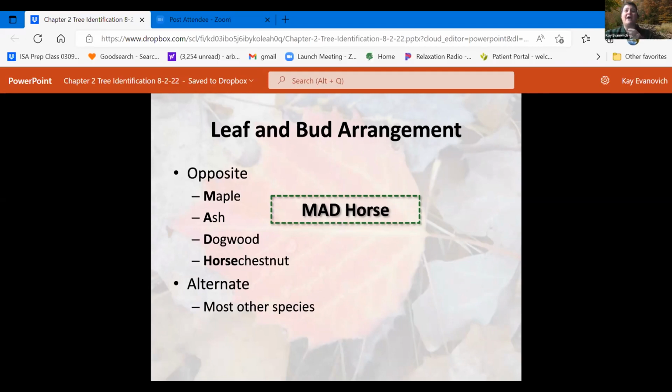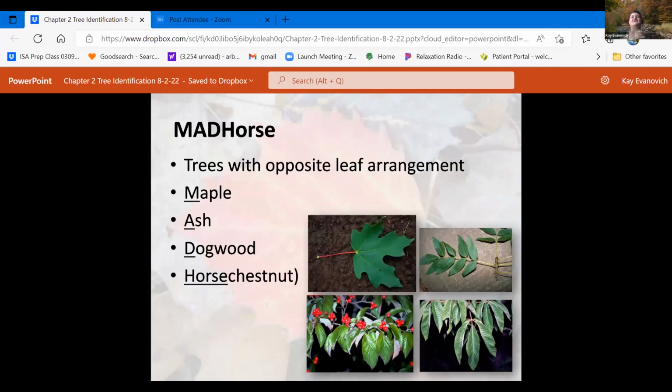Maple, ash, dogwood, MAD, and then horse chestnut, HORSE. Alternate is basically all the other species. There are a few that aren't, but that's pretty much it. So opposite is going to be MAD HORSE, and alternate is going to be most other species.